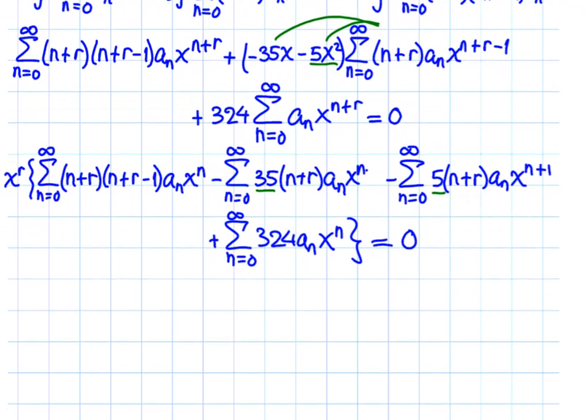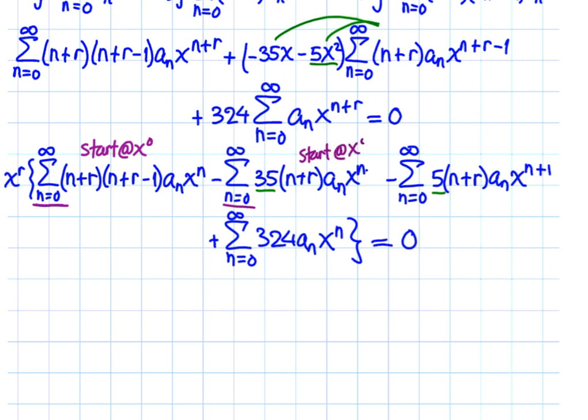Next, let's check where each series starts. The first series, when n equal to 0, starts at x equal to 0. The next series, n equal to 0, starts at x equal to 0 as well.